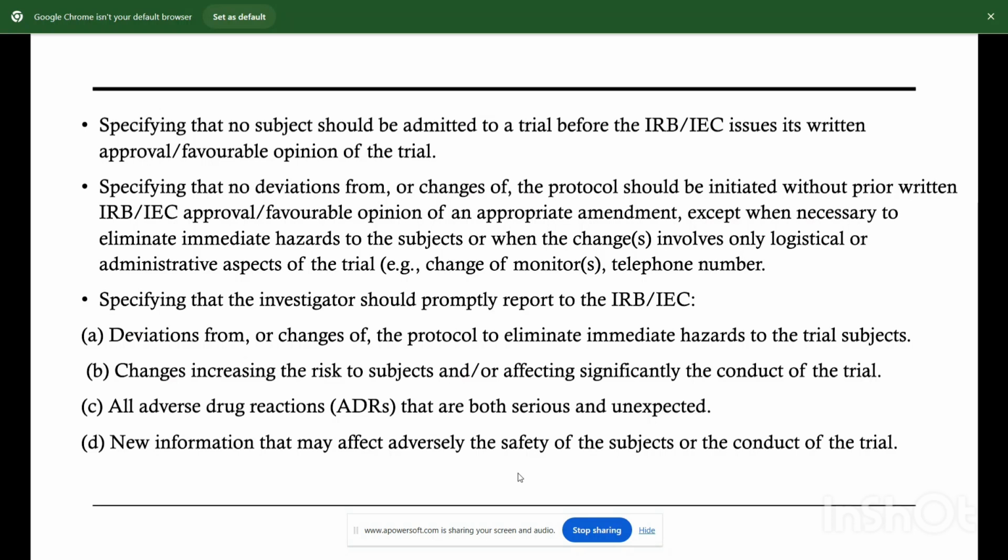That needs to be confirmed. And they also need to specify that there is no deviation or any changes from the study protocol without any EC approval.